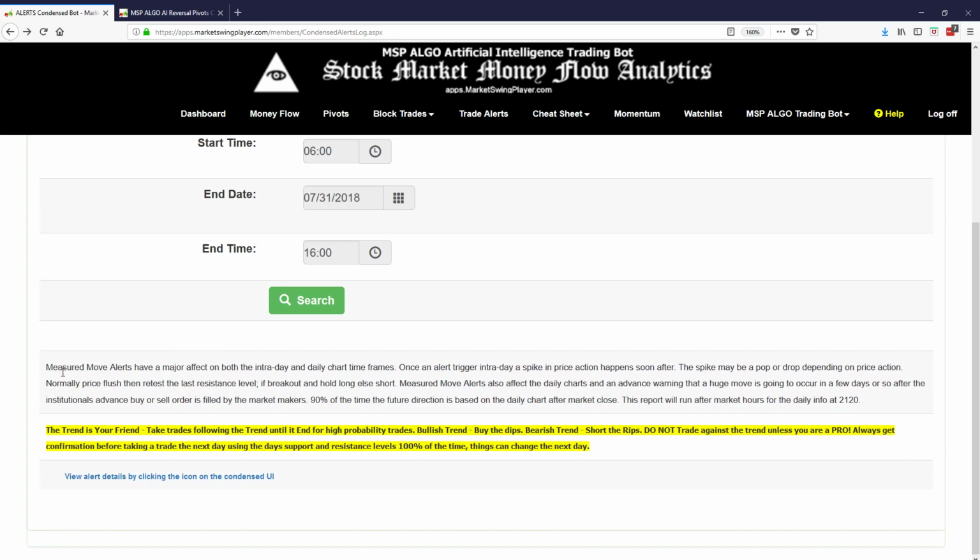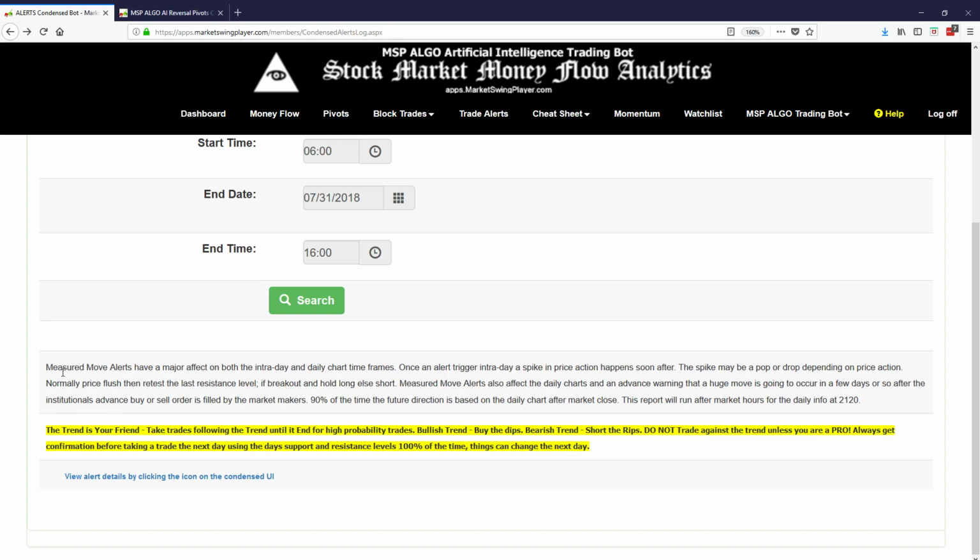So, measured move alerts have a major effect on both the intraday and daily chart time frames. Once an alert triggers intraday, a spike in price action happens soon after. The spike can be a pop or a drop depending on price action.